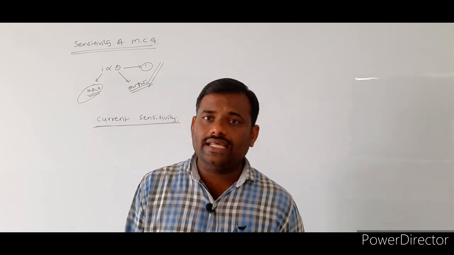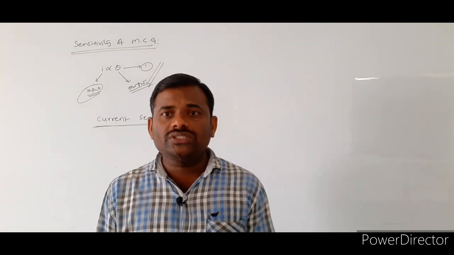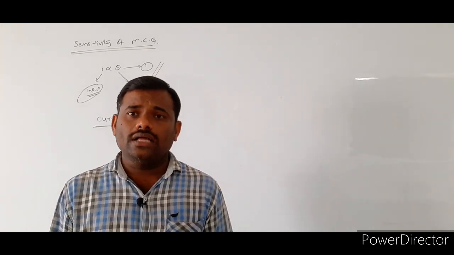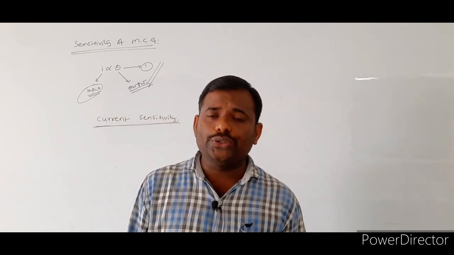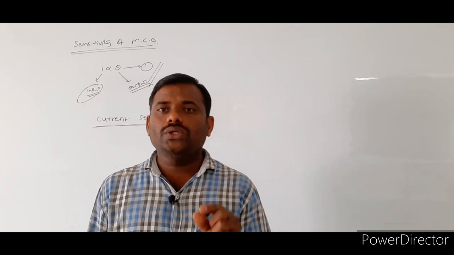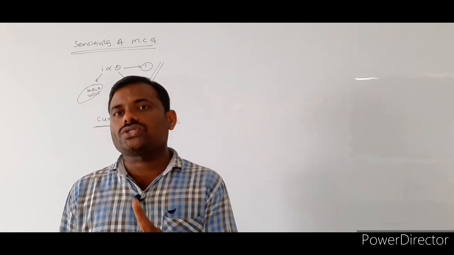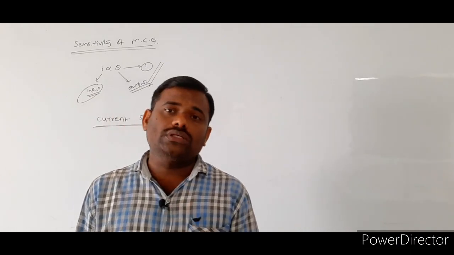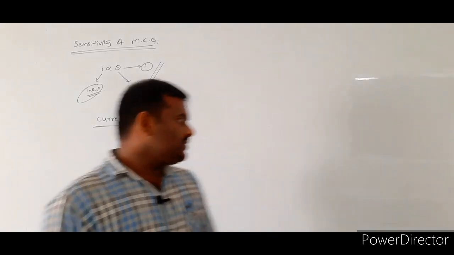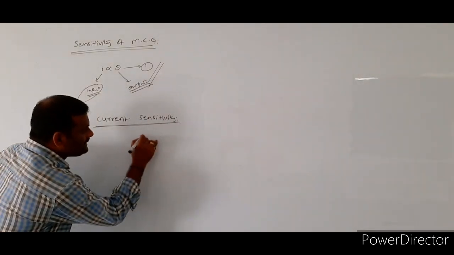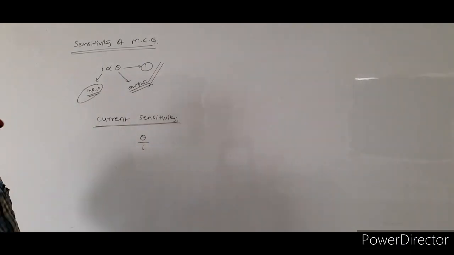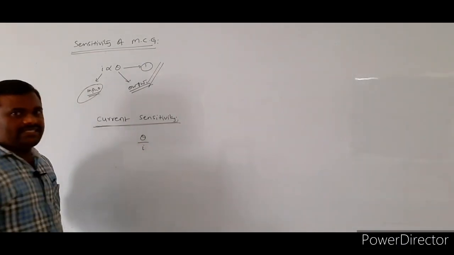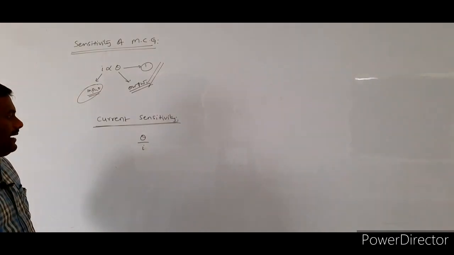Current sensitivity is the amount of the deflection produced within the coil per unit amount of current flows through it. The current sensitivity is denoted by theta by I.